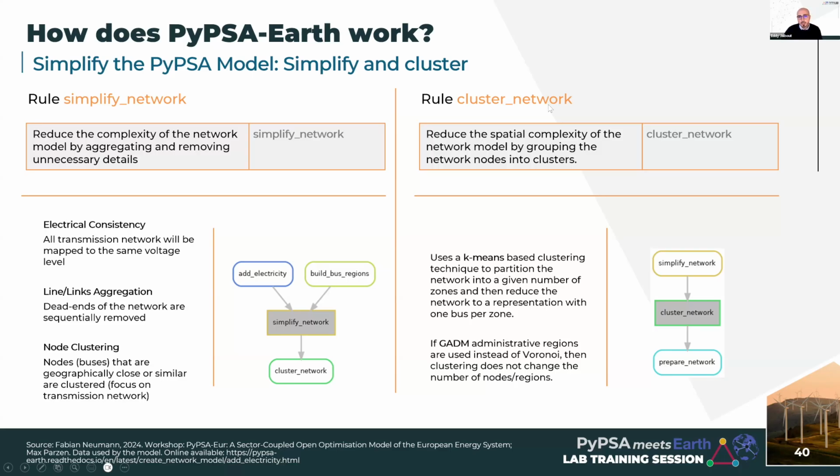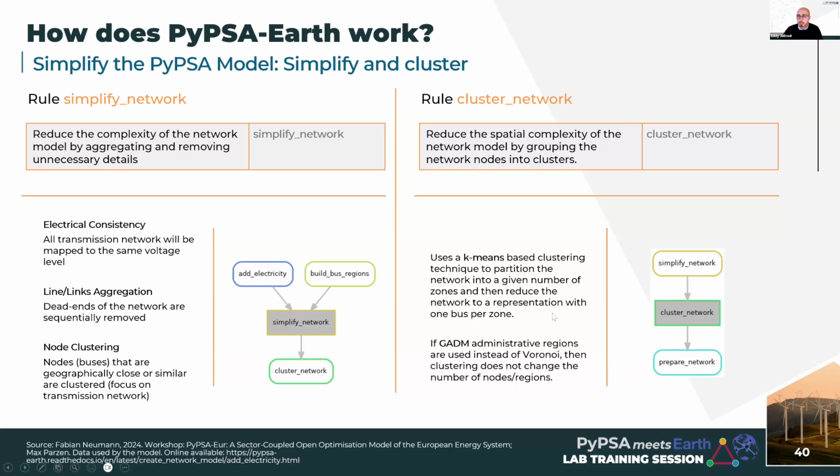Afterwards, we need to do the real clustering, which is matching all of this according to the bus regions. This is done using the k-means clustering technique to partition the network into a given number of zones, and then reduce the network according to those zones.